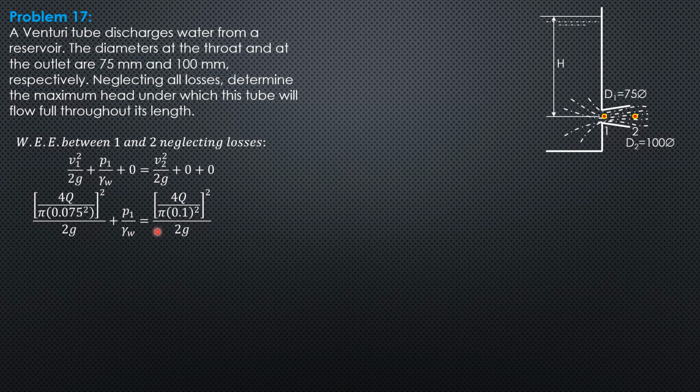Simplifying, but before we simplify, since this is greater than this term here, it means that pressure head at 1 must be negative. And since we are asked for maximum head, for the result to be maximum, the discharge has to be maximum, so that head will also be maximum. P sub 1 should be as negative as possible.